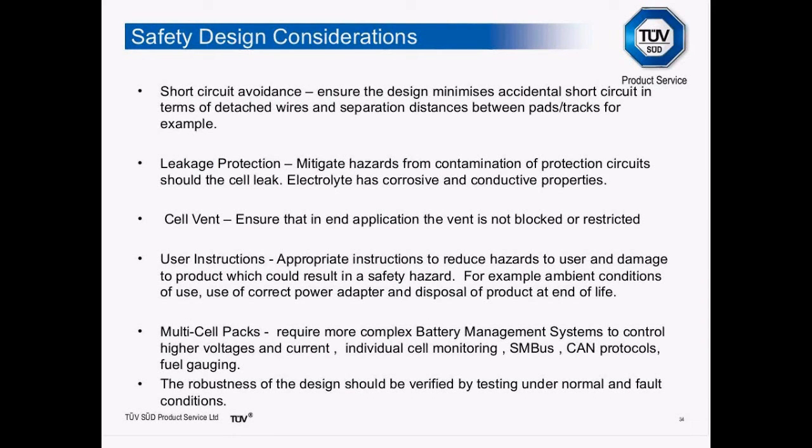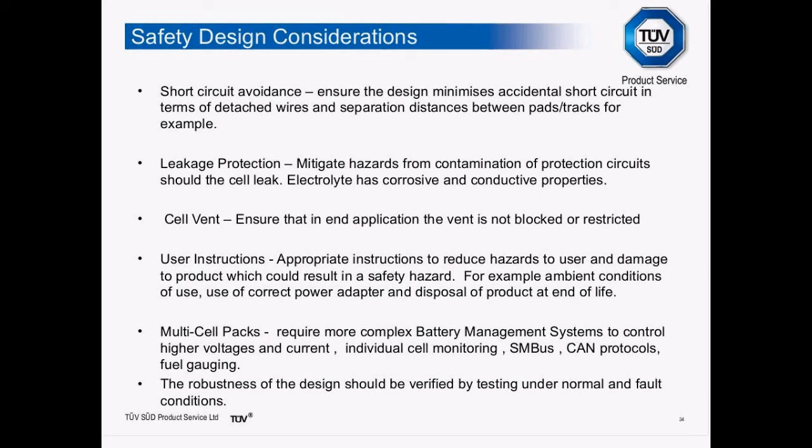Another area to consider is short circuit avoidance. It's basically to minimise accidental short circuits, such as the detachment of wires in the proximity of the battery, and to keep separation distances between tracks and pads on the PCM or surrounding area to make sure there's no short circuit occurrence.